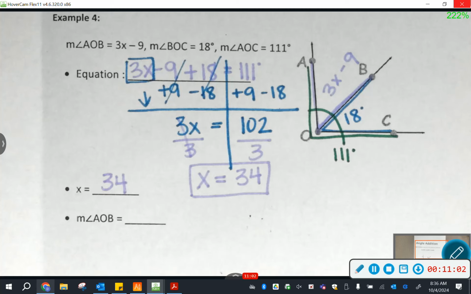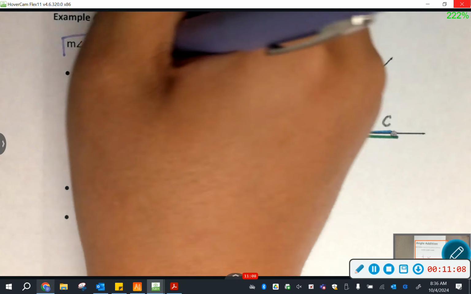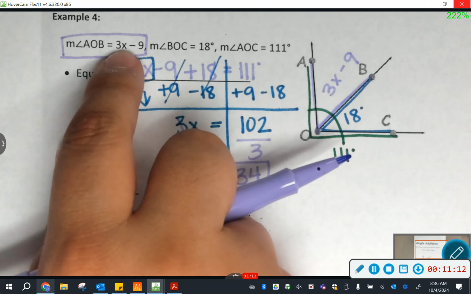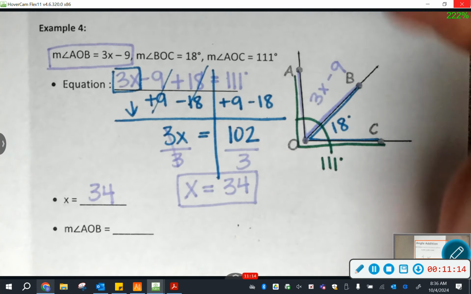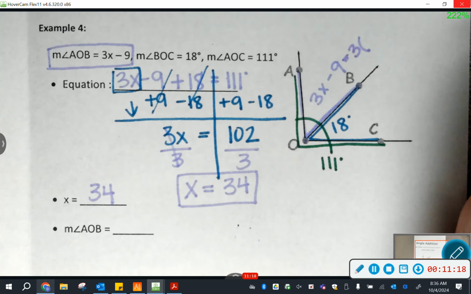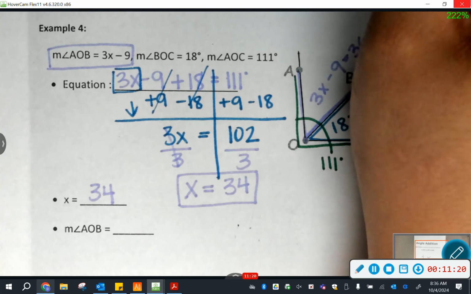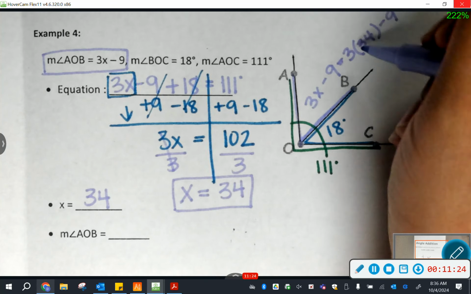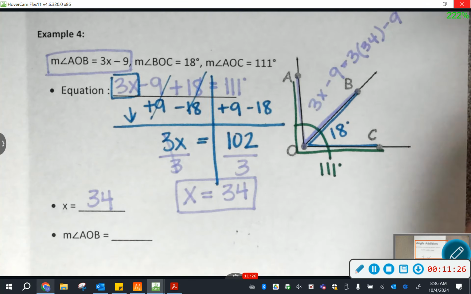Now, what is this last part asking for? AOB. What is AOB? 3x minus 9. So instead of putting 3x minus 9, I'm going to put 3 parentheses 34 minus 9. What is 3 times 34 minus 9?